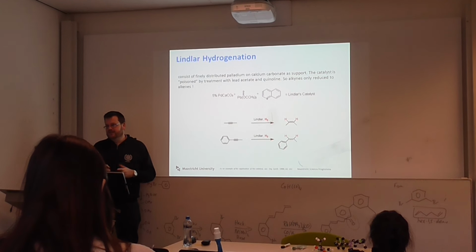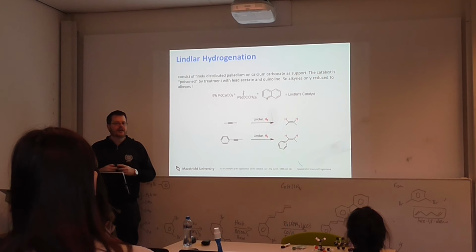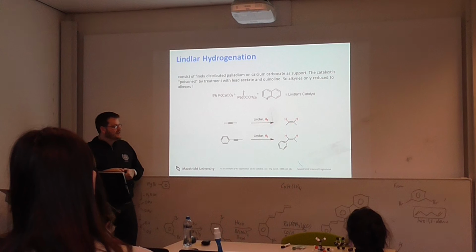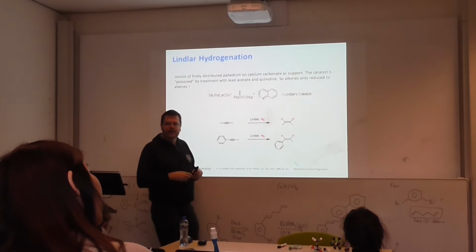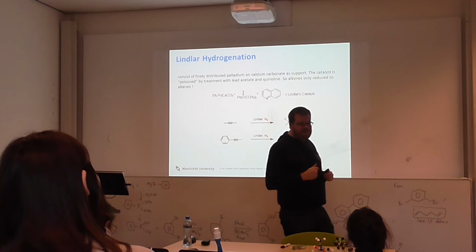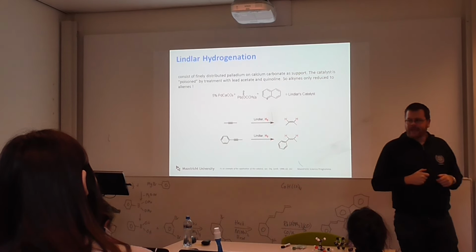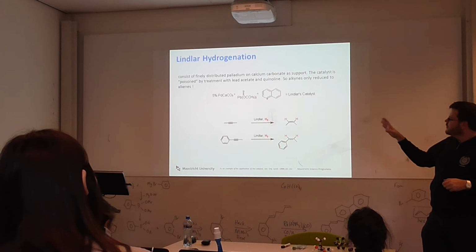The other advantage of Lindlar hydrogenation is that it's a stereochemically controlled reaction. If you react an alkyne with hydrogen, you exclusively end up with a cis-configured alkene. Okay? So this is something that one shouldn't forget.